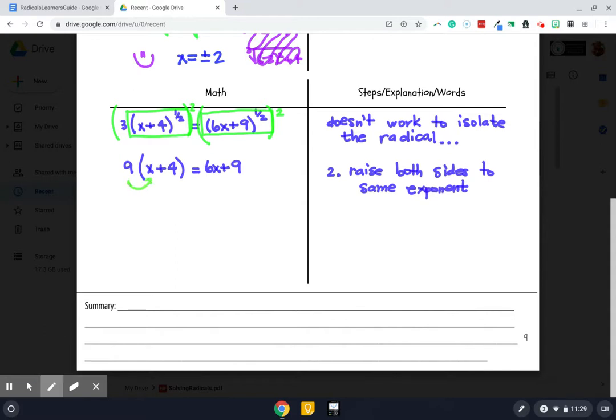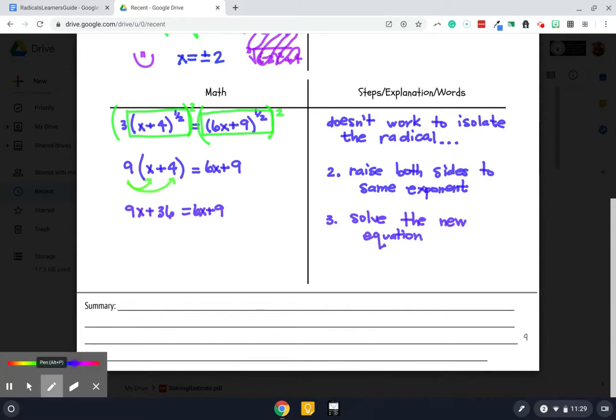So right away, I see the distributive property in action. So I got 9x plus 36 equals 6x plus 9. So I can solve that.